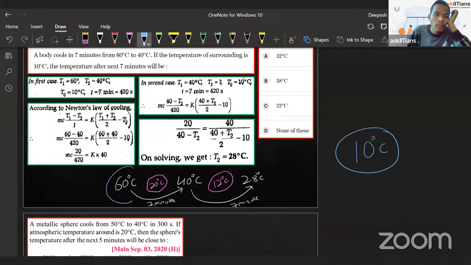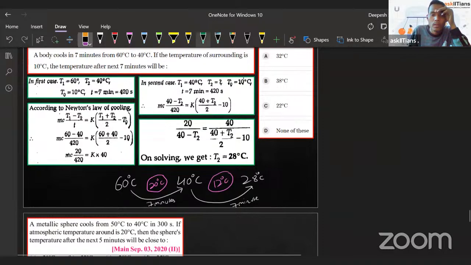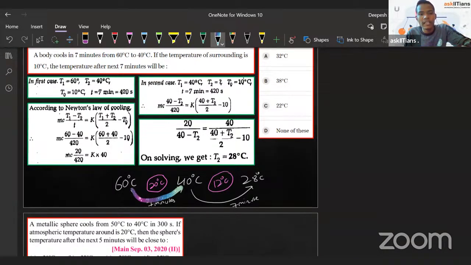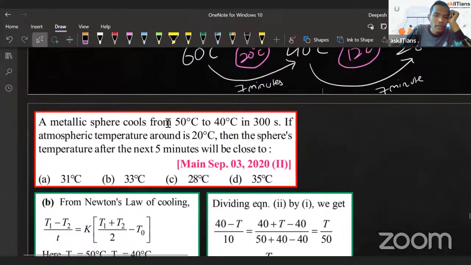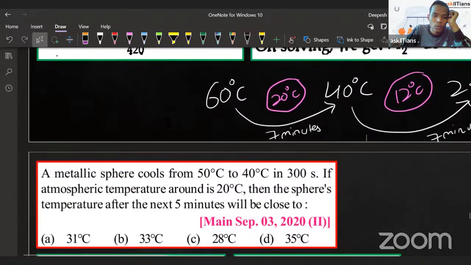When we compare 60 degrees Celsius and 10 degrees Celsius, you will see that there is a clear decrease of 20 degrees Celsius in 7 minutes. So the difference was big, the body is cooling down very quickly. But in the next 7 minutes, it's less. So this is what you have to understand. Very, very important. A very similar question like this one, I would recommend you to try out.